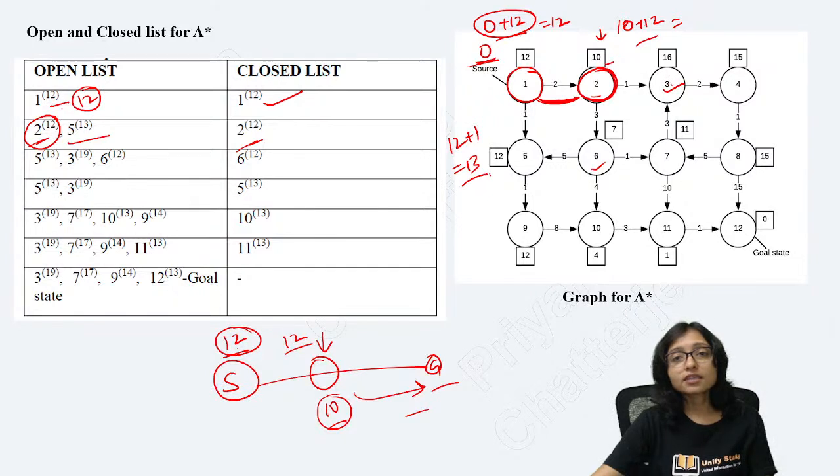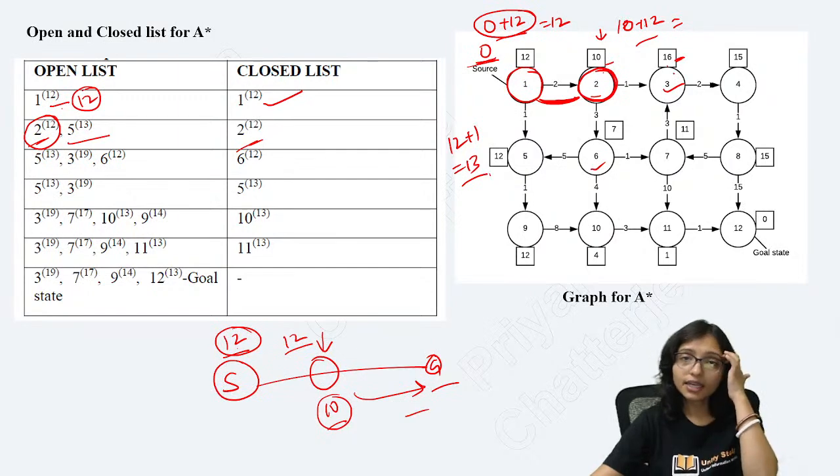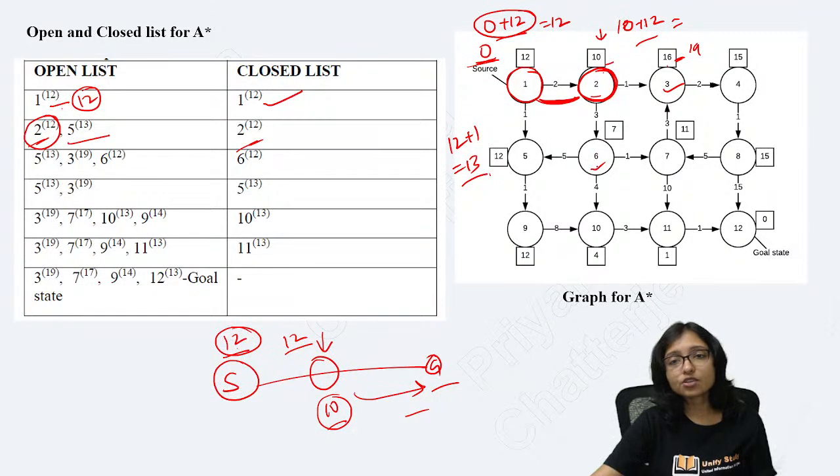Here this 3 will now be 16 plus 3, because previously this one was already here. Now 16 plus 3 will be 19, and this 6 will be 12 now. So now this is 5, 13 and 6.